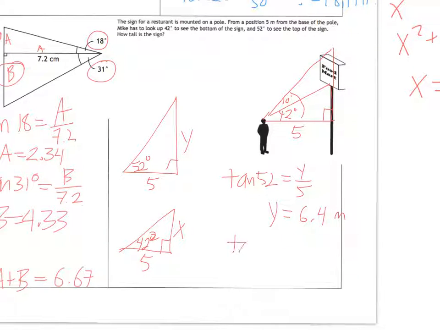Same thing for the bottom one. Tangent of 42 is equal to x over 5. 5 times tangent of 42 is going to be 4.5.